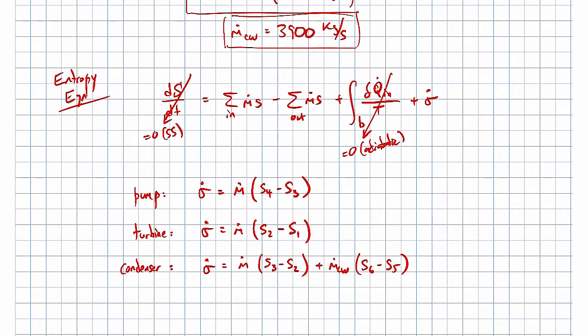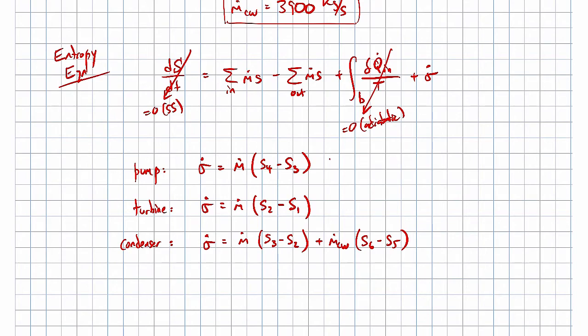So when you plug in the values for these, we know what m dot is. That's given. We looked up all the values for the specific entropies and put those in the table. We just solved for the mass flow rate of the cooling water. So when you work out the numbers for the pump, it's 2.1538 kilowatts per Kelvin.